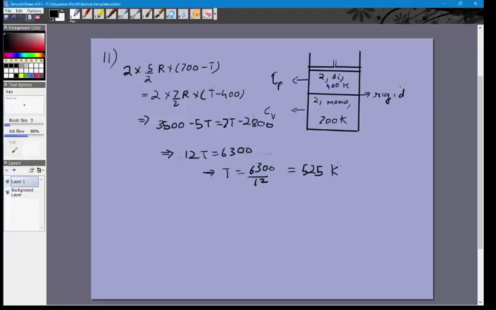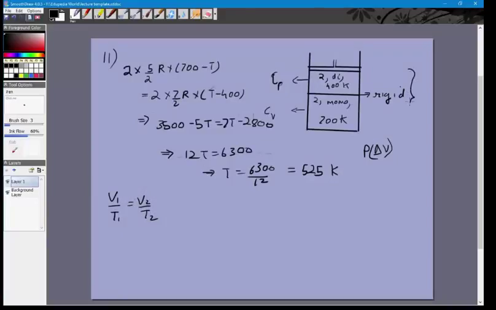But we are not asked the temperature, we are asked the total work done by the gases till the time they achieve equilibrium, right? So that's easy enough. Because these are isobaric processes, for both of them the work done will be P delta V each, right? P is constant for both of them, and delta V then will be the change in volume. So for both of them we can use, in an isobaric process, V1 by T1 is equal to V2 by T2.